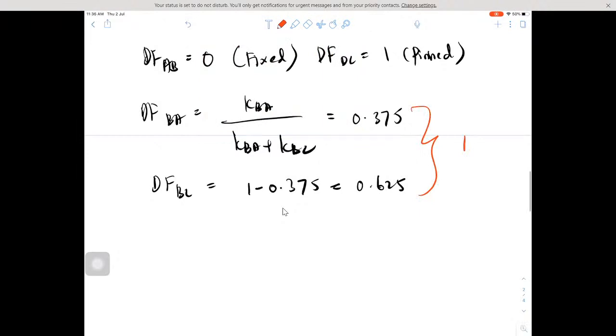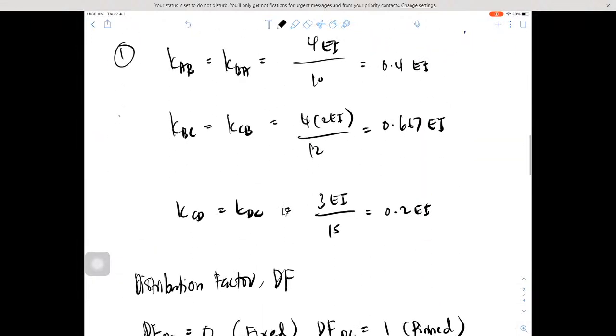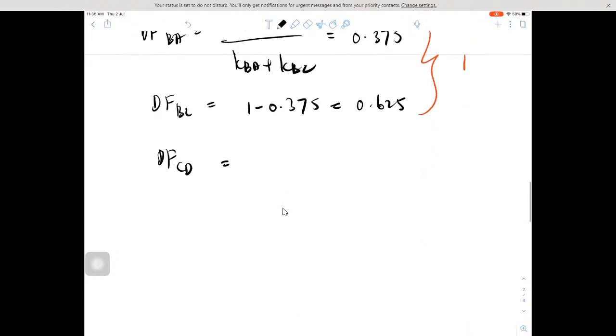So we move to the next one, DFCD. DFCD is 0.667 divided by the total, which is 0.867, giving 0.769.